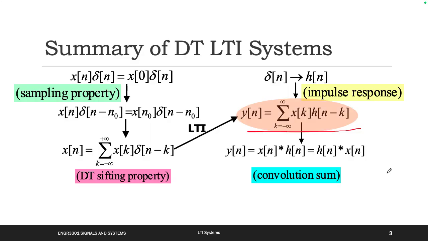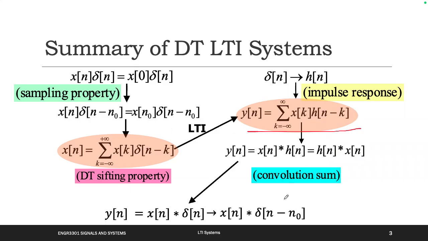We have already proved why we go from here to here; you can check last week's class. From this equation, if h[n] equals this one, then your output should equal this one. What's the name for this property?